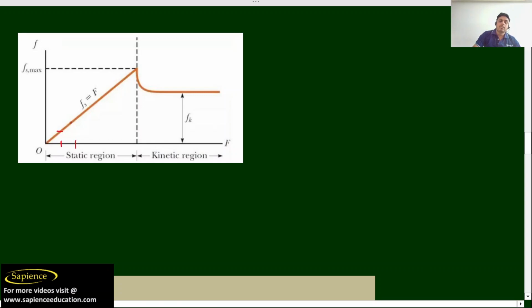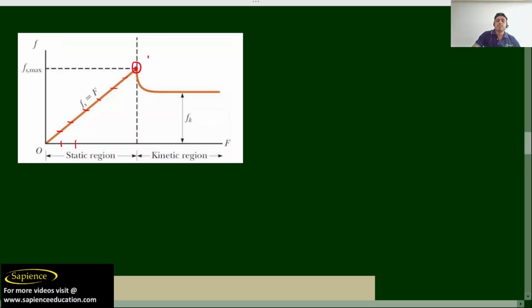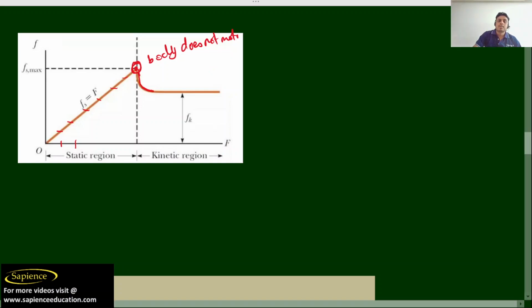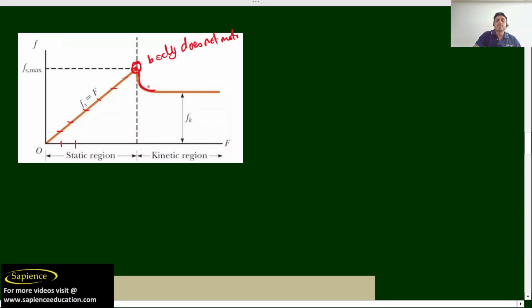When I apply further force, the frictional force also increases. Till this point the body does not move, and this is called limiting friction. After that when you apply a force, the body starts moving, and you can see from the diagram that there is a sudden fall in the magnitude of the frictional force.